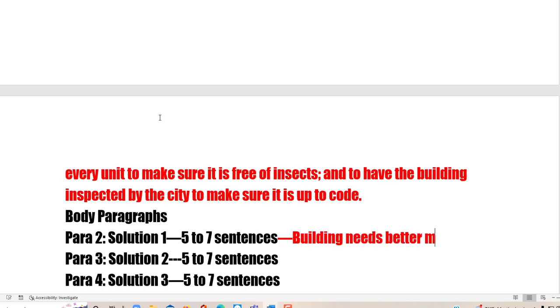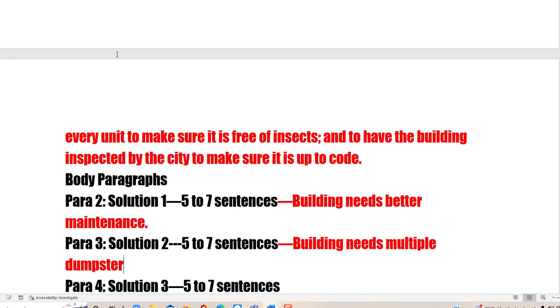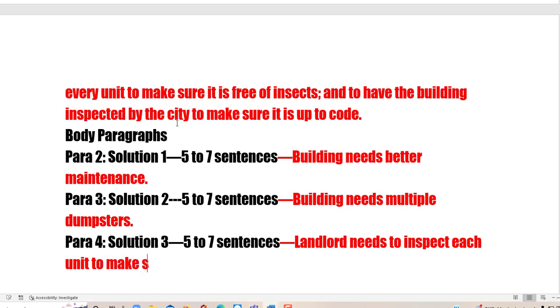So here you would then have building needs better maintenance, and then here you're going to have building needs multiple dumpsters, and here you have building landlord needs to inspect each unit to make sure each unit is free of insects.